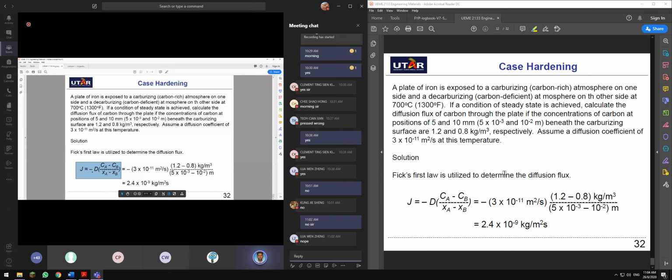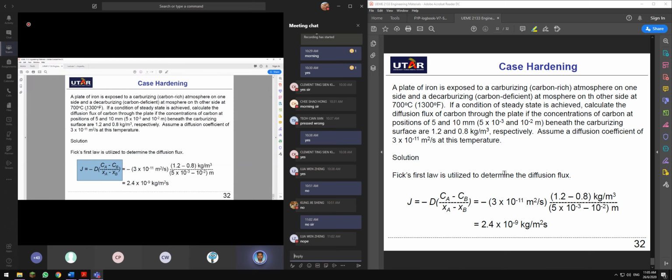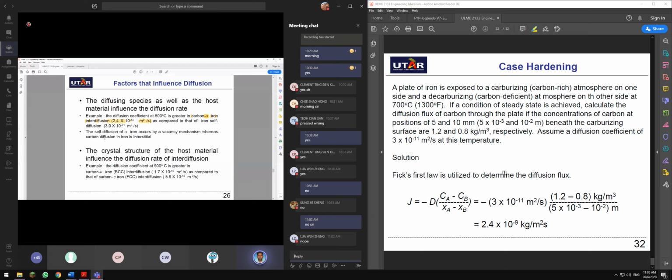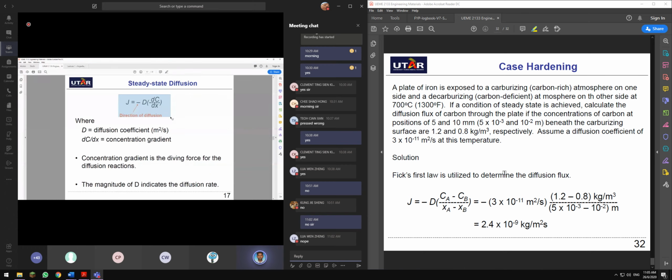So this is the diffusion flux formula. J is equal to negative D, where D is your diffusion coefficient, times the concentration of A minus the concentration of B, over the distance of A minus the distance of B. This formula is taken from your lecture. So you have a negative direction of diffusion.